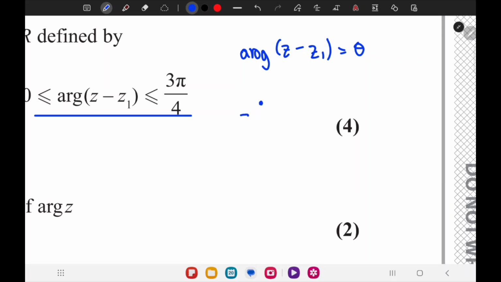The starting point is z1, and we know which angle it's pointing at from theta. Theta is the angle from the positive x-axis. So this is the curve, and this arrow just means that this goes on forever.